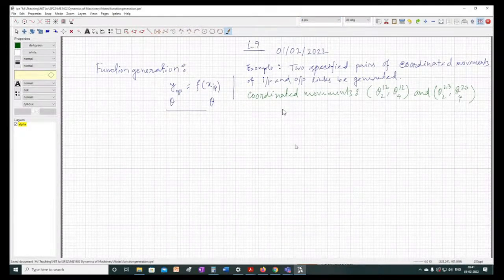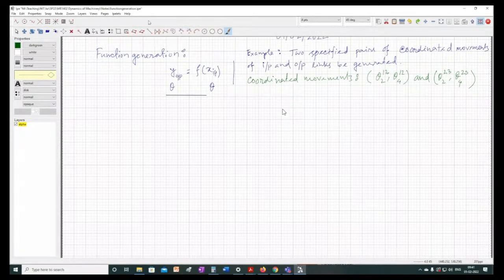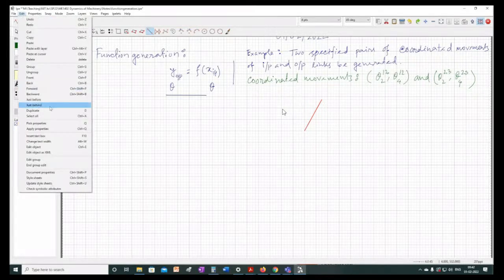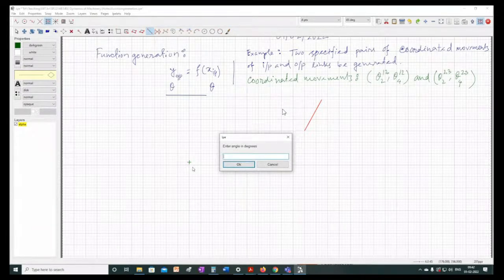So I'll draw a small figure here. Suppose this is the position of a crank, and then this crank is rotated by an angle. Let's say it is rotated by an angle of 45 degrees.